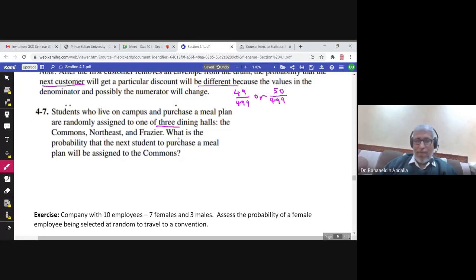What is the probability that the next student to purchase a meal plan will be assigned to C, or Commons? Notice here, he did not ask in this question about the sample space. Okay, he is asking about the probability.